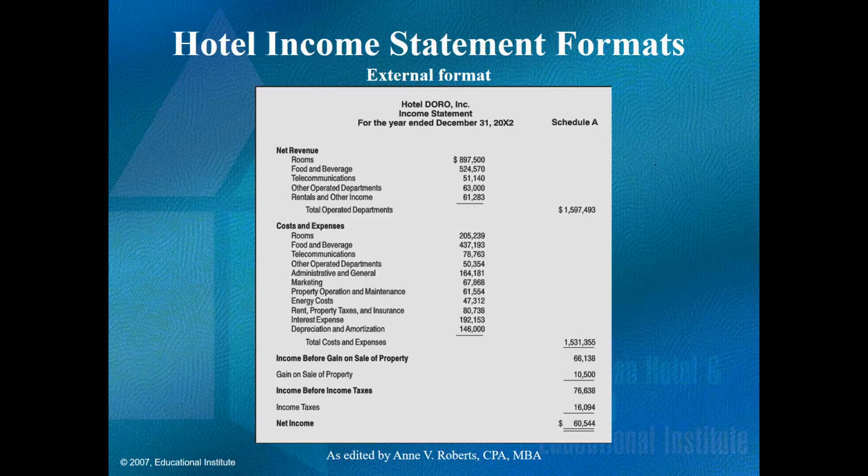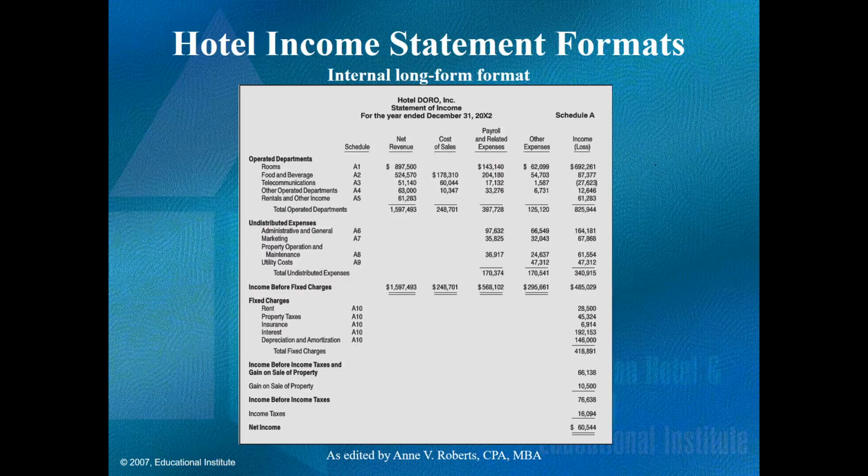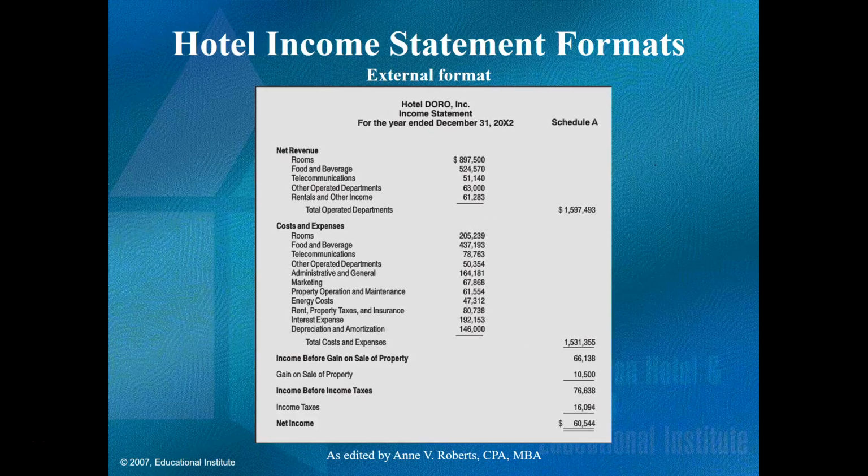So it's all the exact same information, because notice what happens here. Net income, $60,544. Net income, $60,544. Net income, $60,544. All the same information, just simply grouped and broken out in a different way.